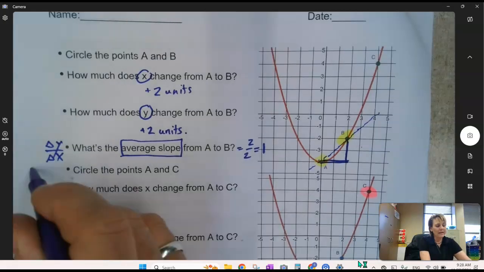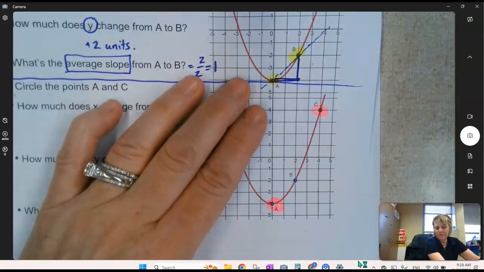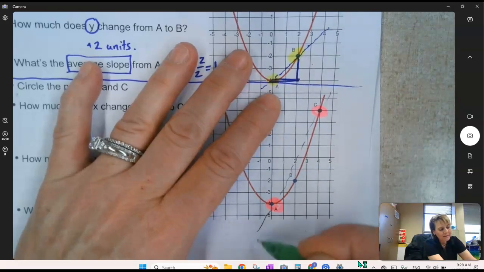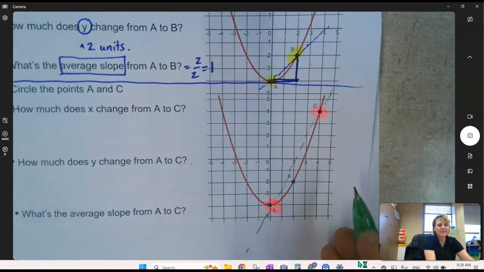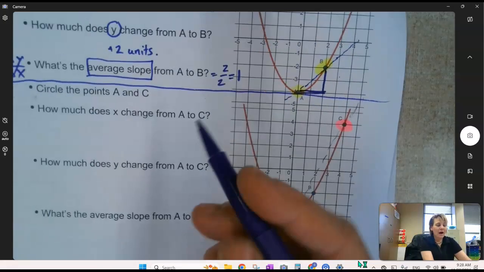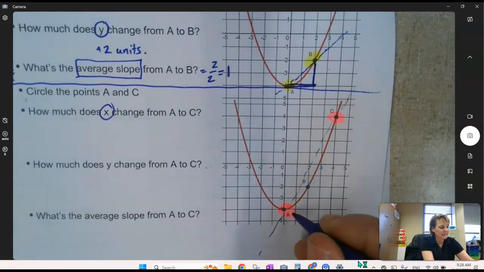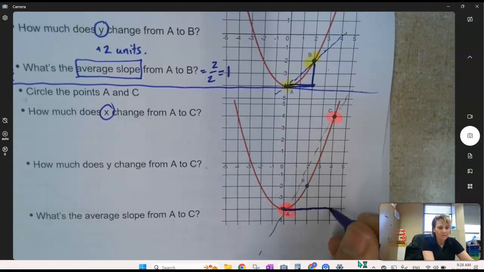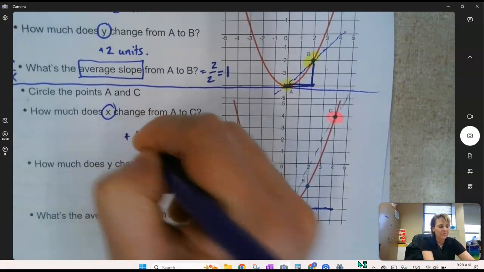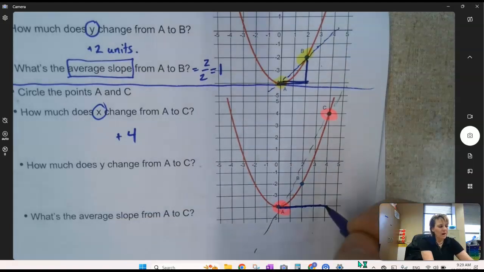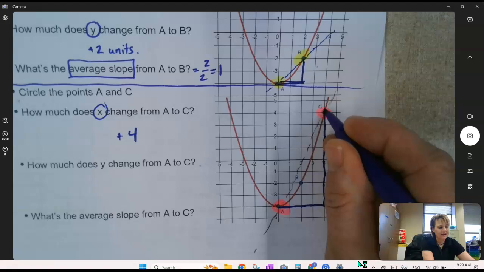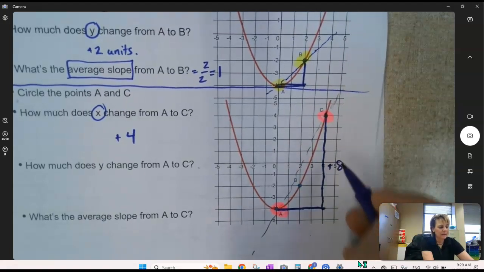Okay, circle the points A and C. Again, if you want to sketch the line that goes through those 2 points, we're basically finding the slope of that line. So how much does x change from A to C? We're going over 1, 2, 3, 4 units, positive 4 units. Y change, 1, 2, 3, 4, 5, 6, 7, 8 units up.